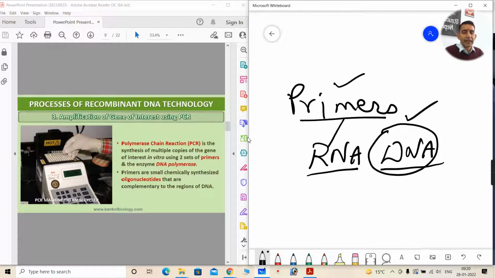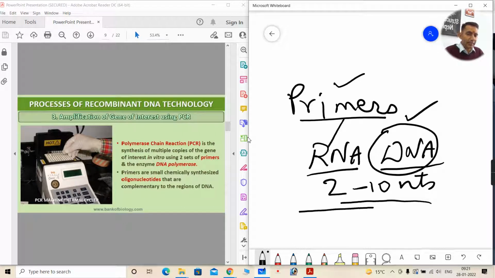Okay. Then what are the primers? Primers are specific oligonucleotide fragments which are 2 to 10 base pairs or nucleotides long, which are used to start the replication process, and they are complementary to that particular specific DNA.